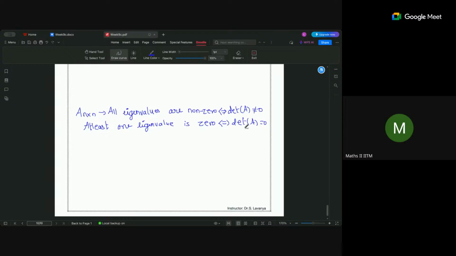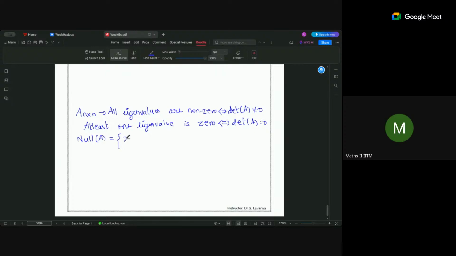Now what can we say about the relation between null space of A and eigenvalue or eigenvector? It's actually about eigenvector, but let's see. What can you say about the relationship between the null space of A and eigenvectors? Is there first of all any relationship? What is this set, null space of A?